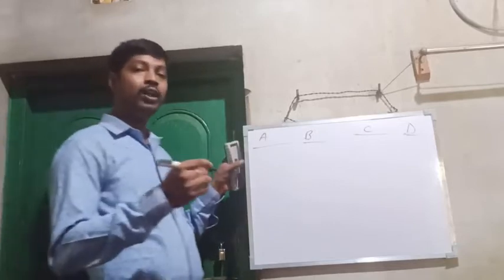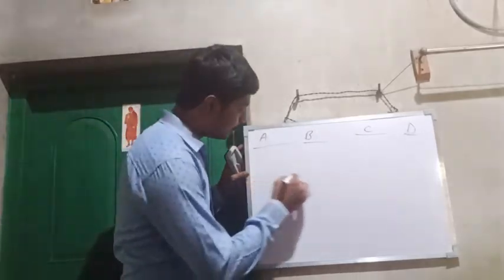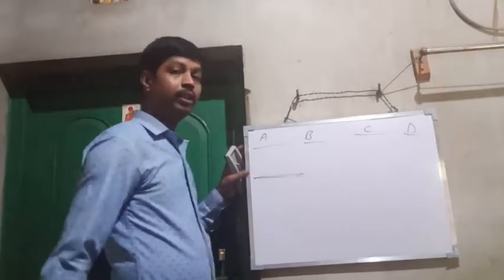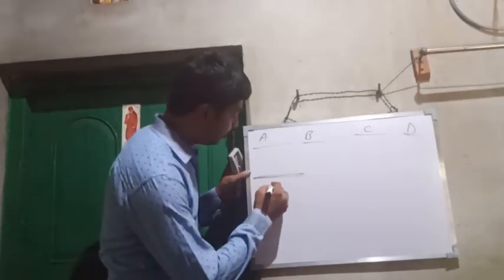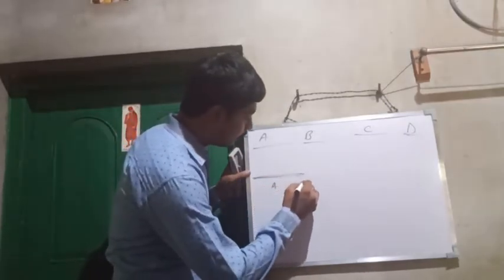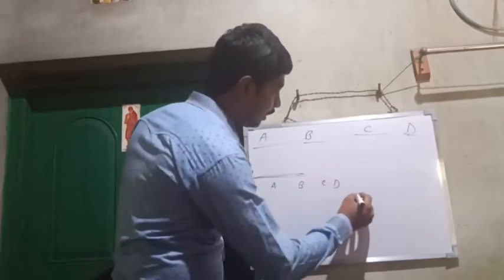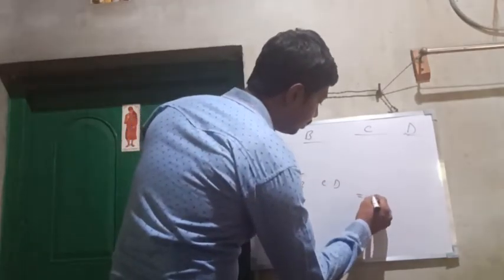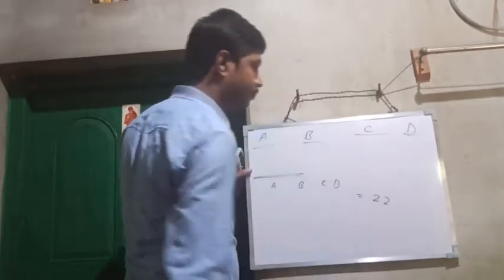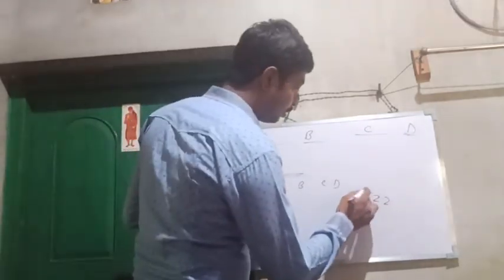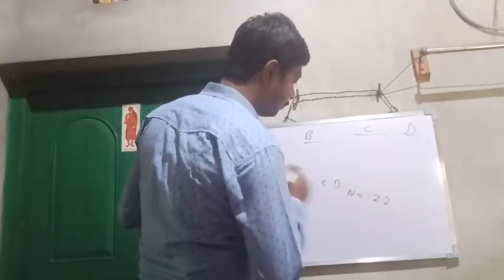In knockout system, the quarters are quarter A, quarter B, quarter C and quarter D, and suppose the number of teams is 22, N equal to 22.